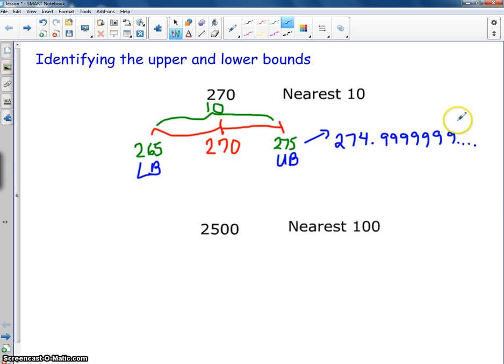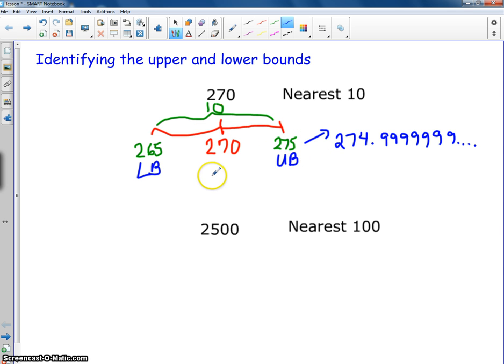However, that's not going to be a very convenient number to use because it's going to be a very, very long repeating decimal. So instead, you write it in a more convenient way, which is 275.